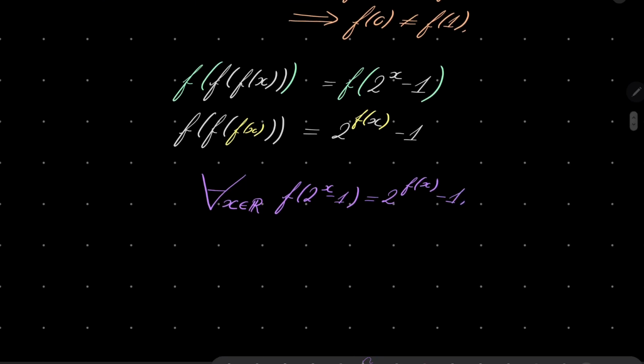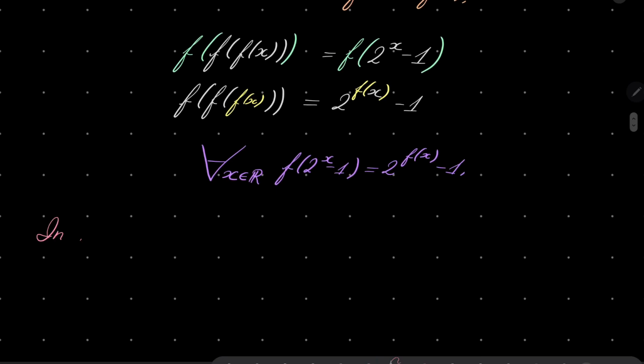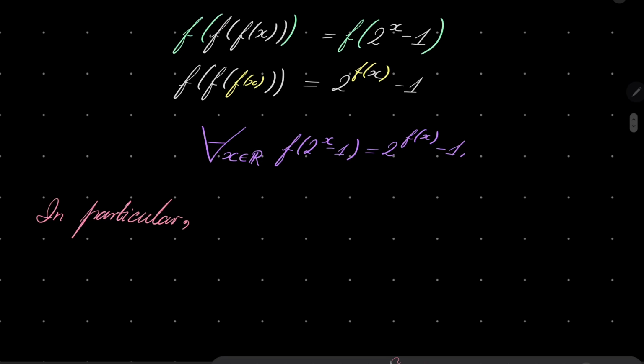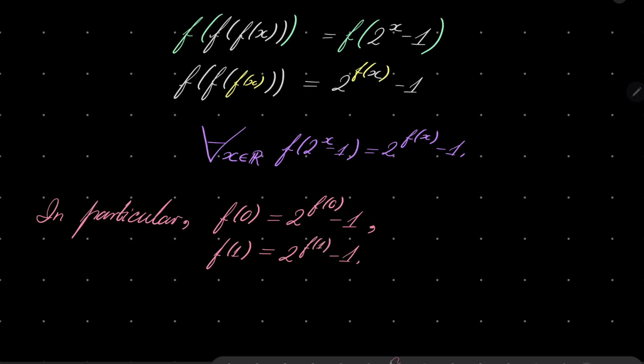In particular, for x equals 0, if I plug in x to be 0, I have f of 0 equals 2 to the power f of 0 minus 1. And if I plug in x to be 1, I have f of 1 equals 2 to the power f of 1 minus 1.